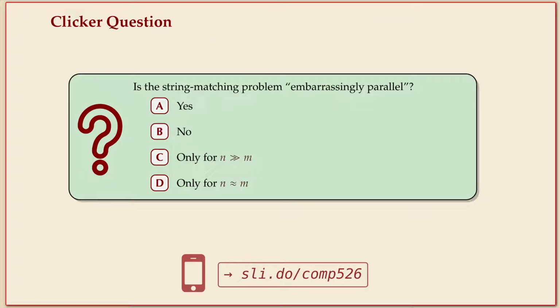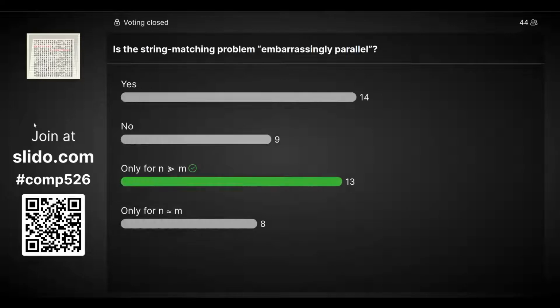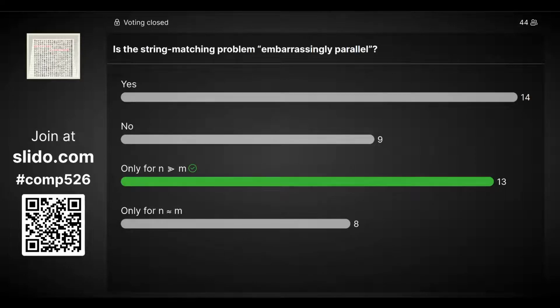So if we come back to this question, the correct answer is the third one, which a few of you got. Okay, interesting rendering of this character.